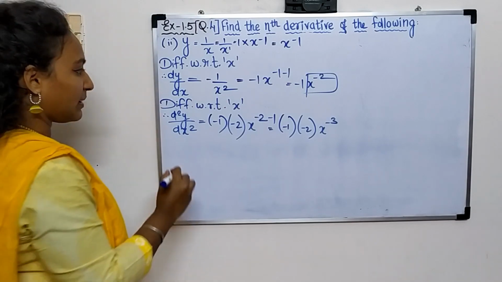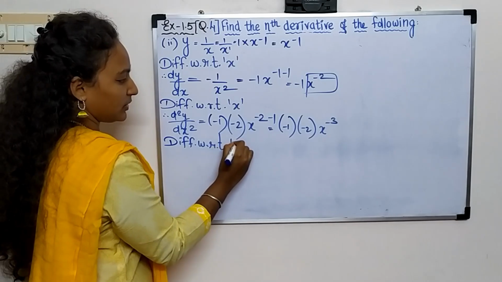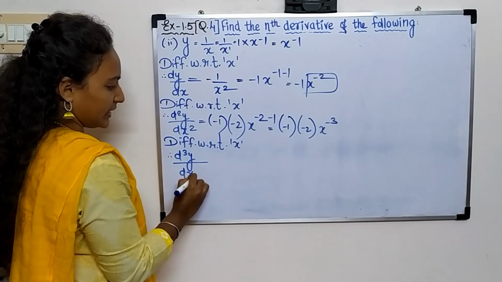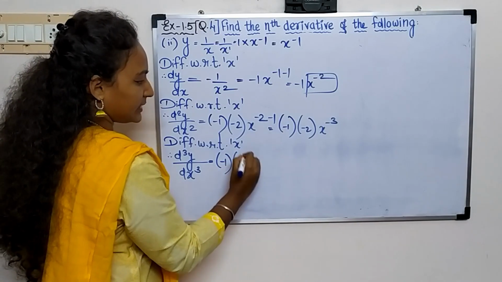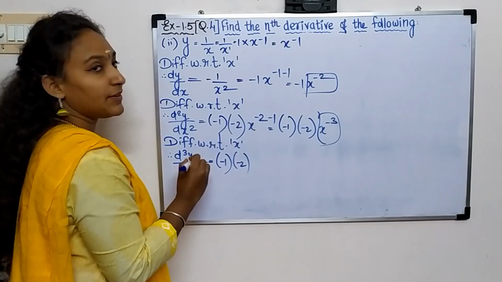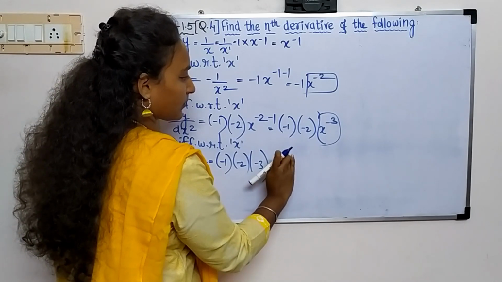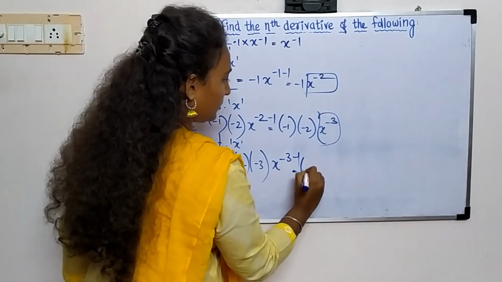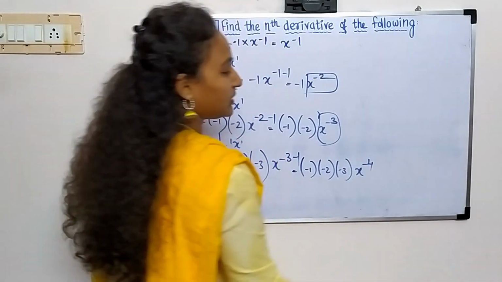Now calculate d cube y upon dx cube. Differentiate with respect to x. Therefore d cube y upon dx cube is equal to minus 1 as it is, minus 2 as it is. Now consider x raised to minus 3. Derivative of x raised to minus 3 is minus 3 x raised to minus 3 minus 1, which is equal to minus 1 into minus 2 into minus 3 x raised to minus 4.